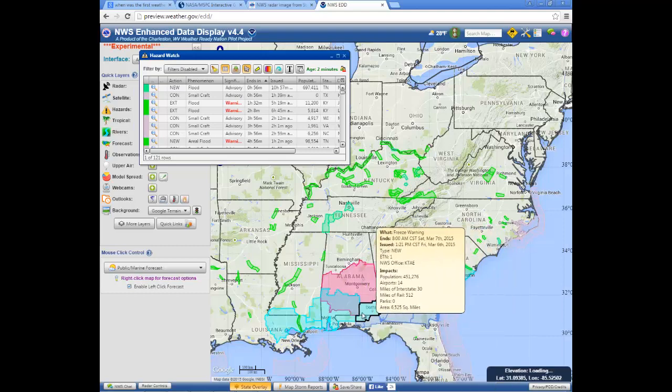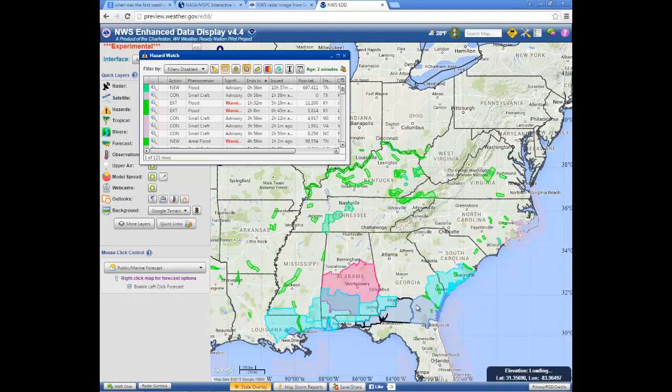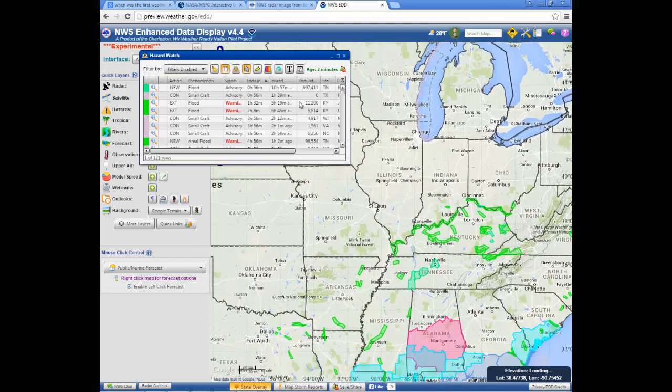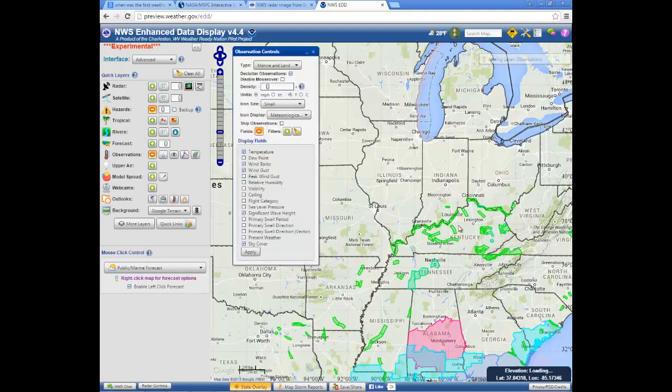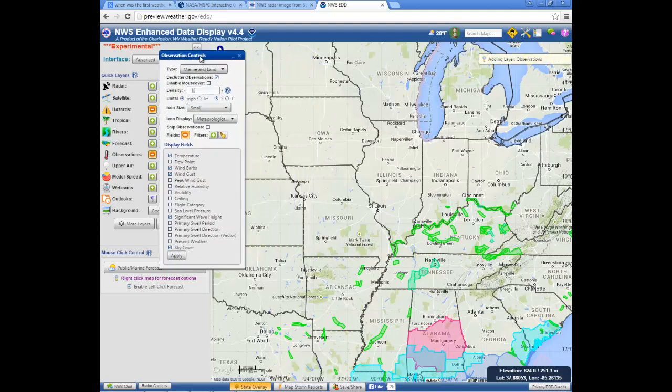Looks like frost advisories and things down here issued by some of our southern region offices. So you can see those when we have any kind of weather advisory by turning on that hazard display. You can look at models and other things, change the background to several different kinds of maps, and whatever suits you.